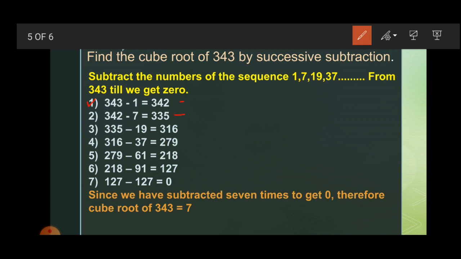Then 335 minus 19 is 316. 316 minus 37 is 279. 279 minus 61 is 218. 218 minus 91 is 127. 127 minus 127 is 0. Since we have subtracted 7 times to get 0, therefore the cube root of 343 is 7.